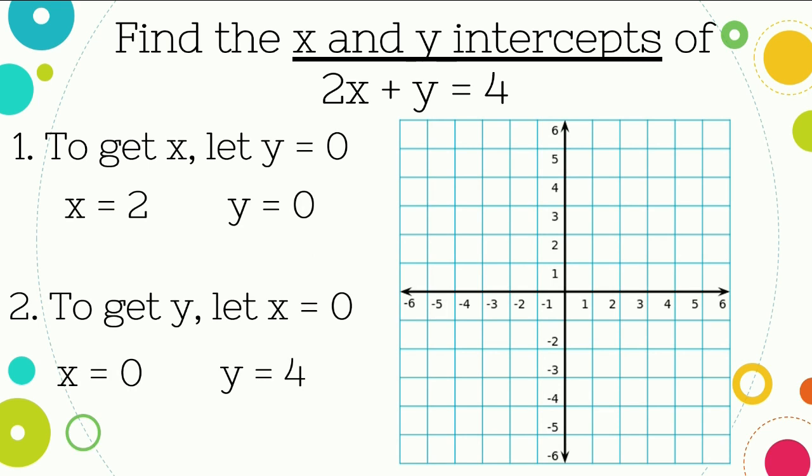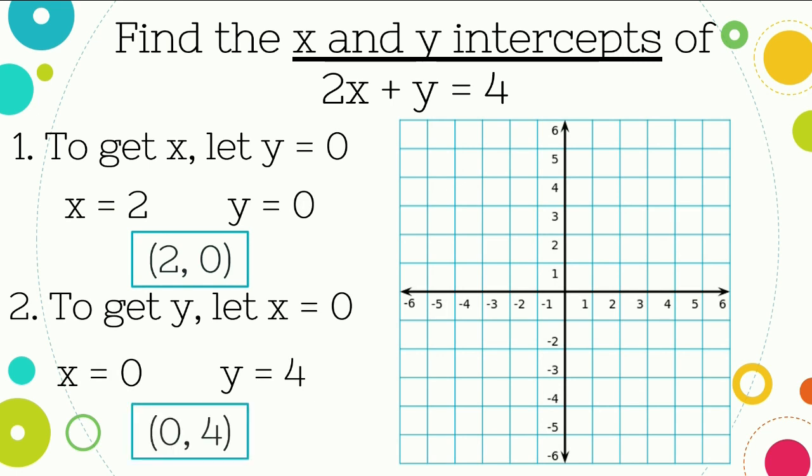So, if we let y equal 0, our coordinates will be (2, 0). And if we let x equal 0, the second coordinate will be (0, 4). Let us graph (2, 0) and (0, 4).